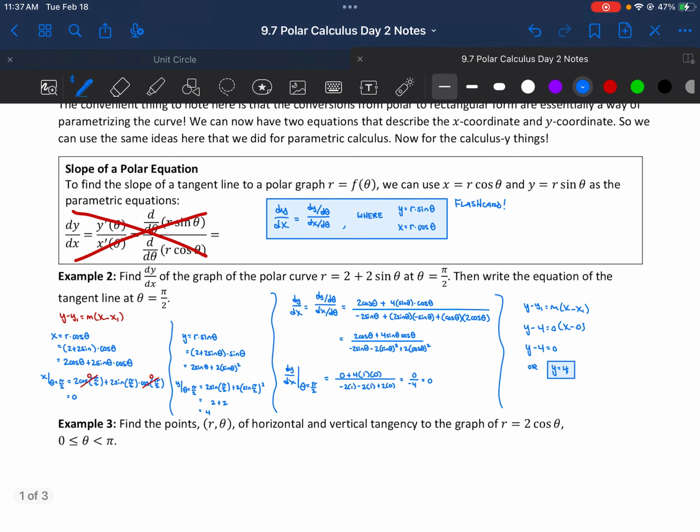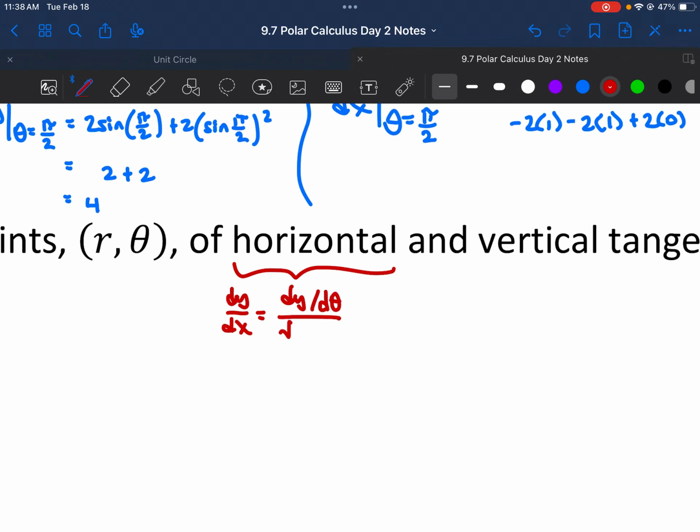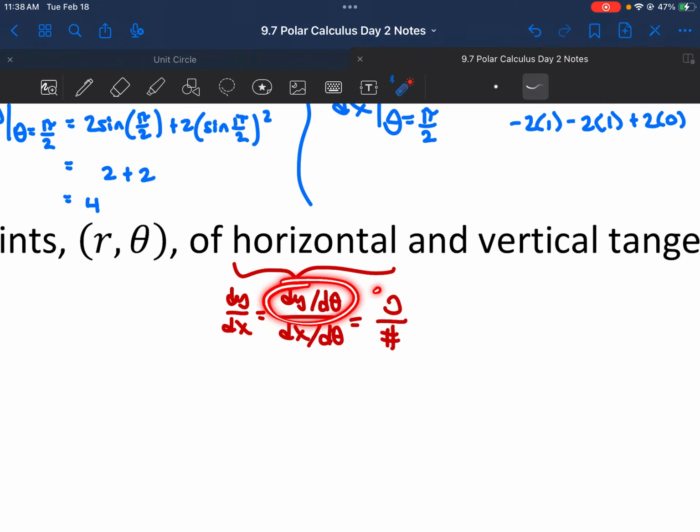All right, example 3. Find points (r, theta) of horizontal and vertical tangency. Okay, so let's look at these individually. Horizontal tangency means dy/dx, which is dy/d theta over dx/d theta. If it's horizontal tangency, this would be 0 over some number. So horizontal tangency means dy/d theta equals 0.